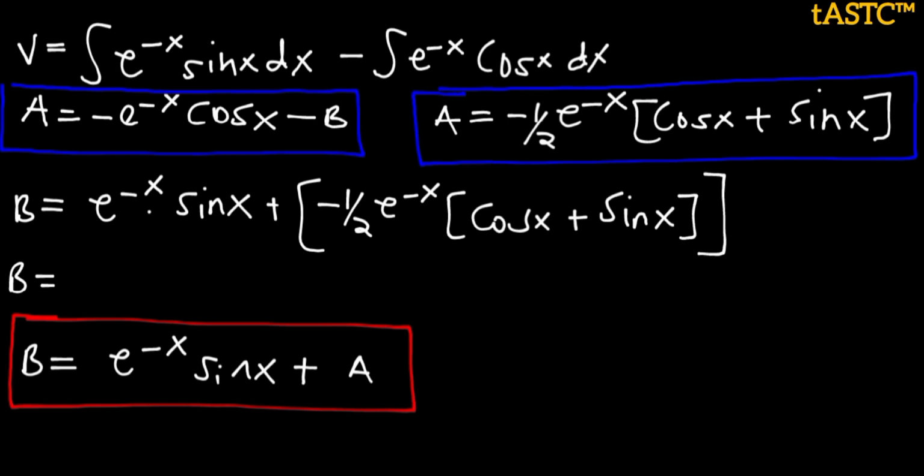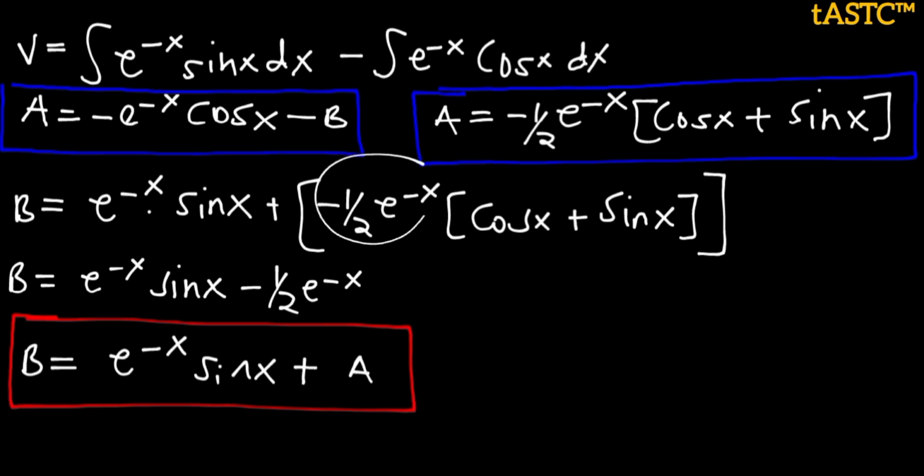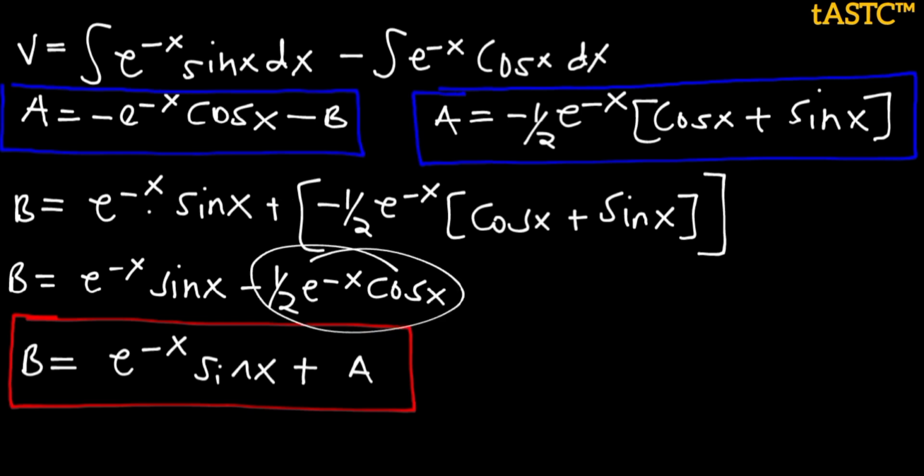Now b will be equal to e to the negative x sine x, and here we're going to have a negative e to the negative x. So we got this multiplied by this. That would give us a cos x there. And so using a positive 1 to multiply with that, that is going to give us this. Now using positive 1 multiplied by this, that is going to give us a negative half of e to the negative x.